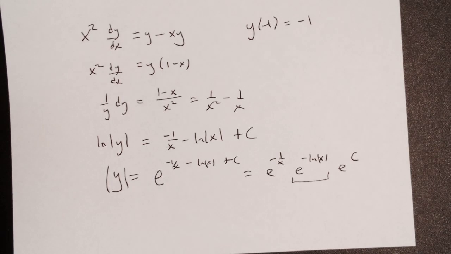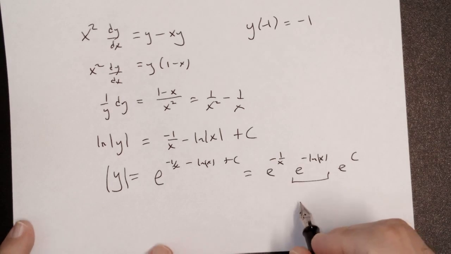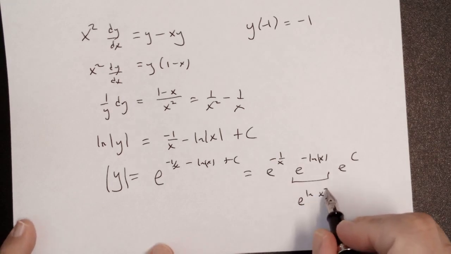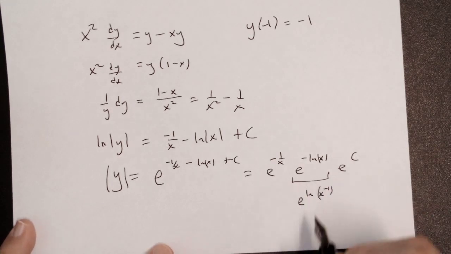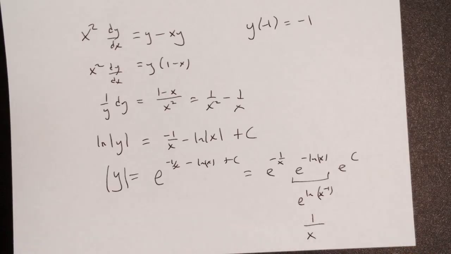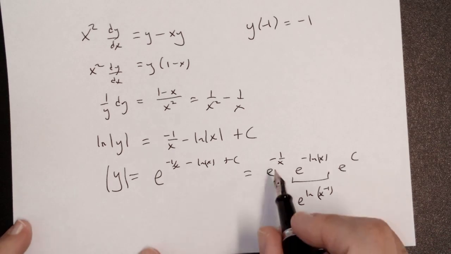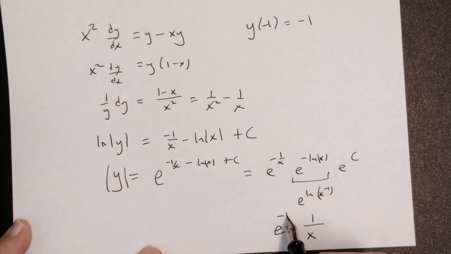I treat it like it's a -1, and I bring it in as a power. So the e and the ln become e to the ln x to the -1, and then the e and the ln cancel, and I get 1 over x, because that's what x to the -1 is. This still stays e to the -1 over x. This is just some number.